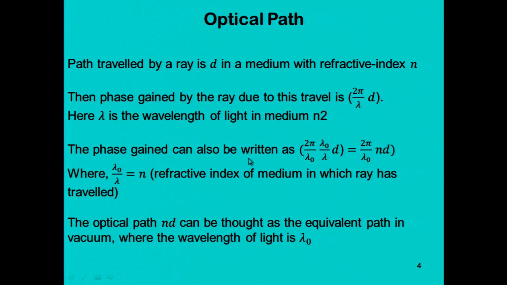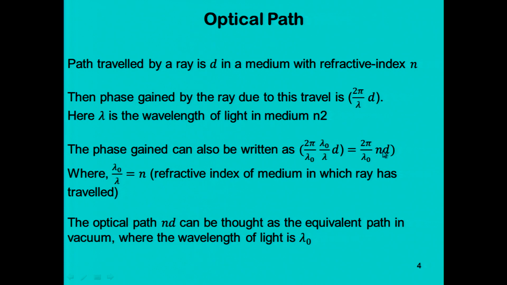Here lambda is the wavelength of light in the medium with refractive index n. I can write it as 2 pi by lambda naught times lambda naught by lambda, where lambda naught is the wavelength of the light in vacuum, and lambda naught by lambda is nothing but the refractive index n.